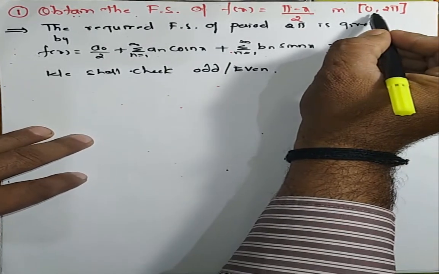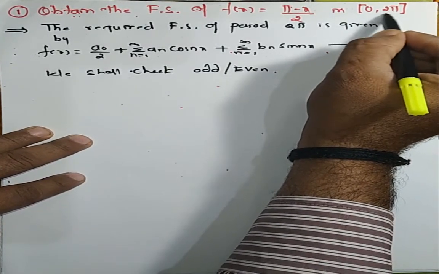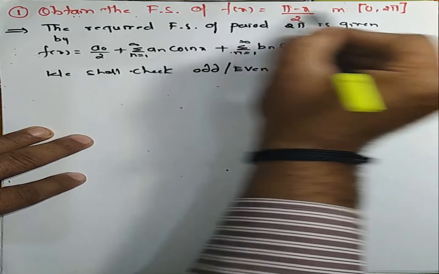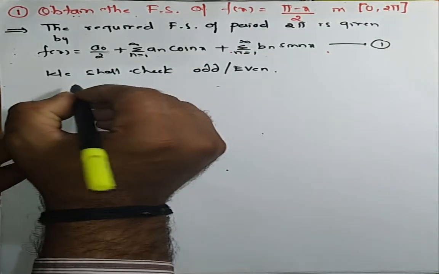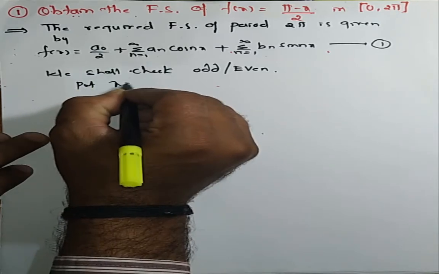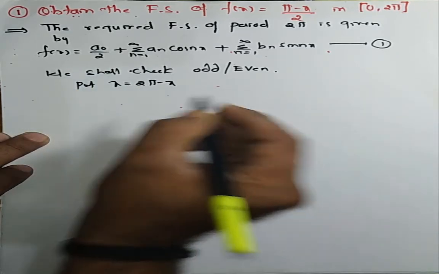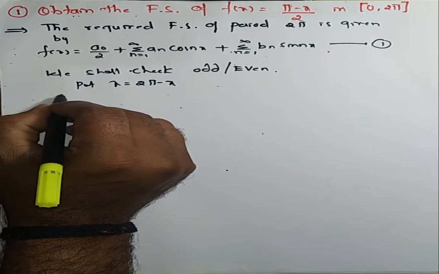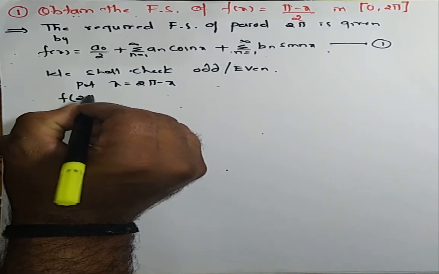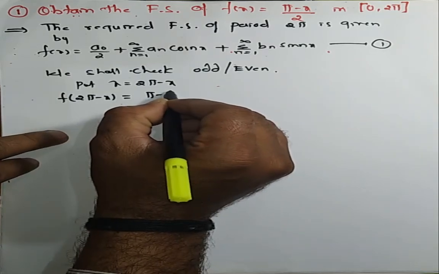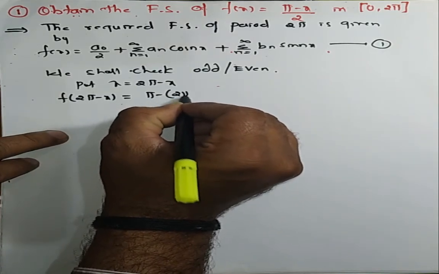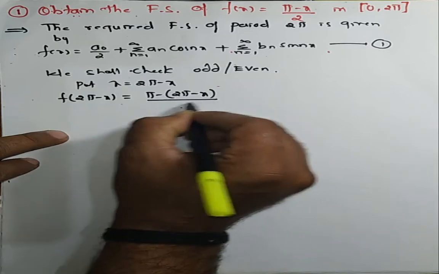Whatever the function may be, first observe the interval. If the interval is given as 0 to 2 pi, put x equal to 2 pi minus x. So you take the given function: f of 2 pi minus x is equal to pi minus x replaced by 2 pi minus x, divided by 2.